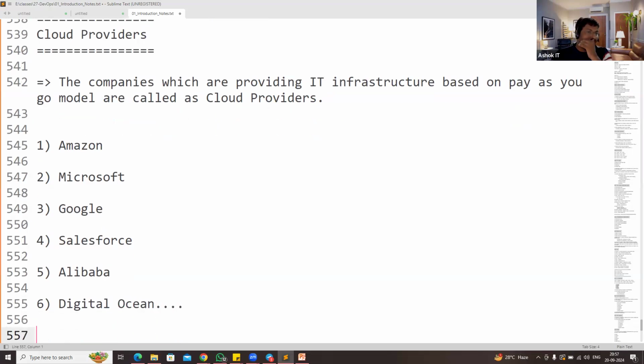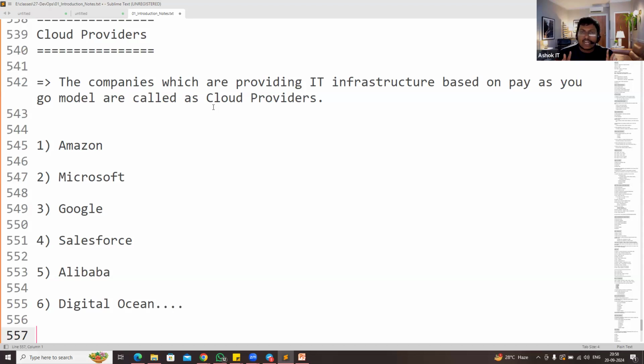So whatever IT infrastructure is required for your application, instead of purchasing that infrastructure, you can take the infrastructure for rent. That is called cloud computing. Through the internet, you don't need to go to the Amazon company to take it for rent. No, everything is online.